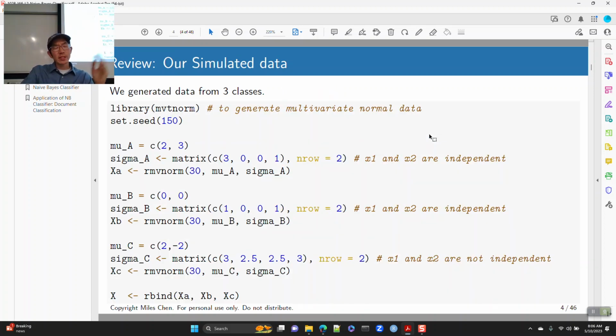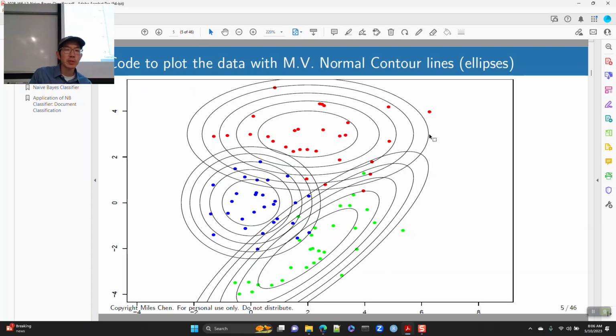We looked at an example where we simulated data from 3 different classes: the red class A, the blue class B, and the green class C. These ellipses represent the multivariate normal distributions that generate our data.